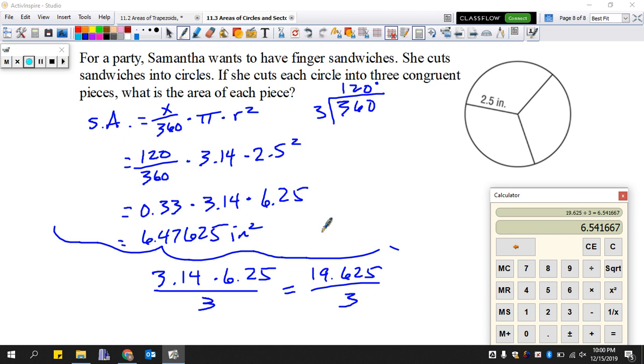And we end up with 6.54167. Okay, so both of those round off to roughly 6.5 square inches. The difference is that, remember, 3.14 is an approximation. This is actually 1/3, so that's an approximation. So this is all round off errors. Okay? So, but when we look at, if we round to the nearest tenth, both of these are approximately 6.5.